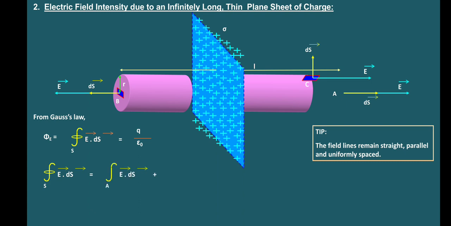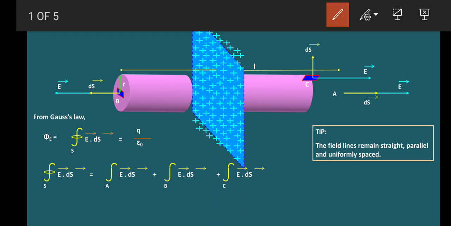The flux through A is integration over surface A of E vector dot ds vector, plus integration over surface B, E vector dot ds vector, plus integration over surface C, E vector dot ds vector. It is a dot product, and the dot product can be written in terms of cos theta, that we studied last class.